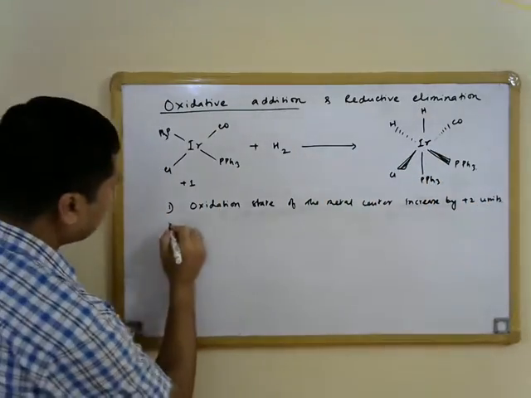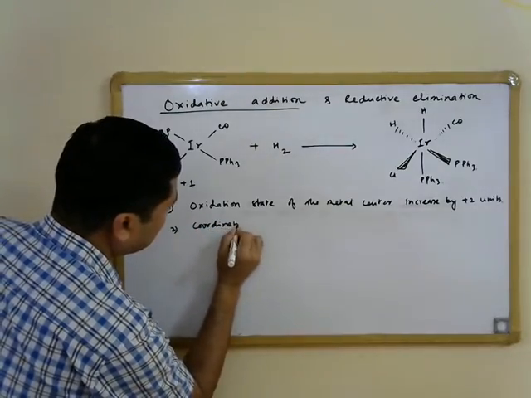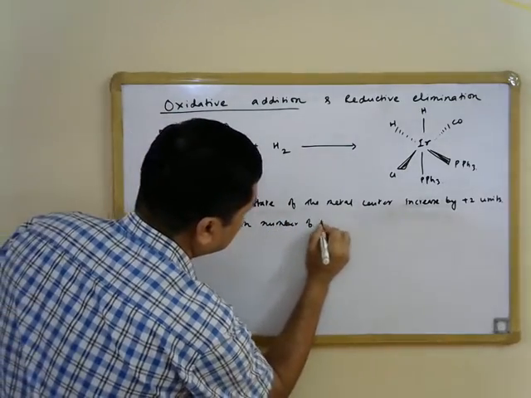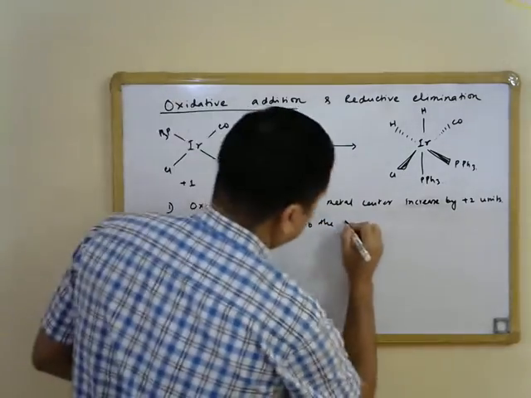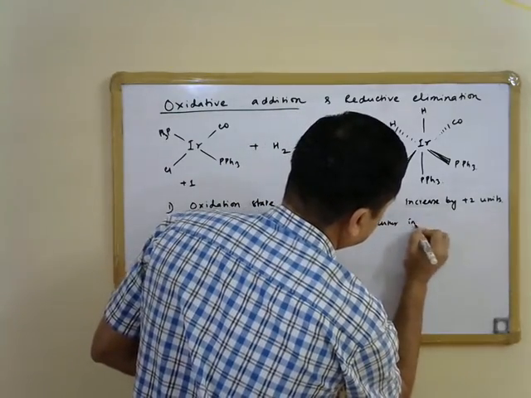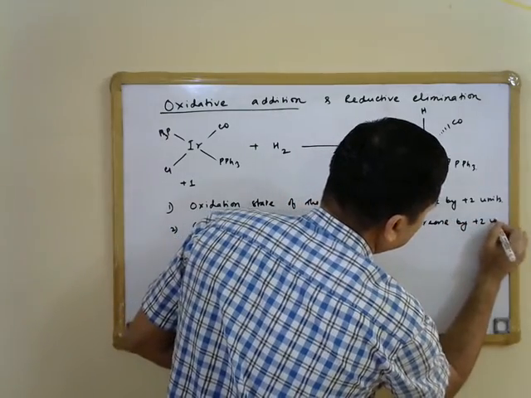At the same time, the coordination number of the metal center increases by 2 units.